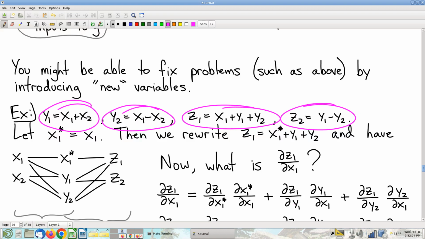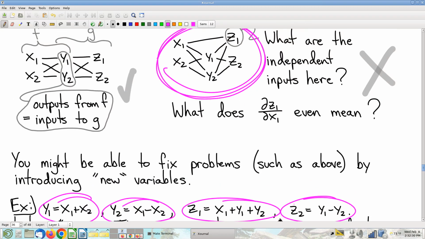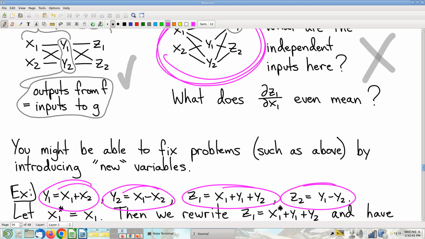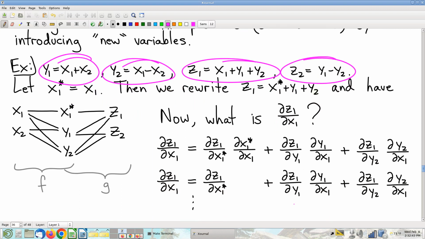So is y2. z1 is this formula, z2 is this formula, and if you draw that all out, what you get is this diagram, which we've just agreed is a nightmare of a problem. Right? So we fix it. We've already fixed it, in fact, by this down here.